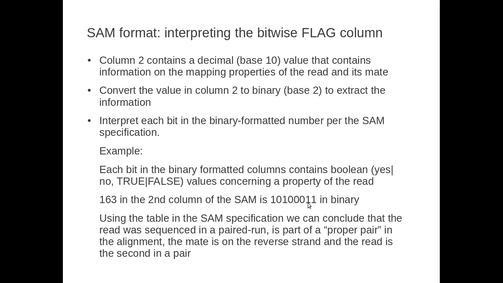I'll let you go through some of these details because you do that in the homework, but each of these columns moving from right to left has a specific meaning, and really these are all Booleans, true or false. Does this read meet that condition? Hopefully you can keep that in mind when interpreting the full binary for the value 163.